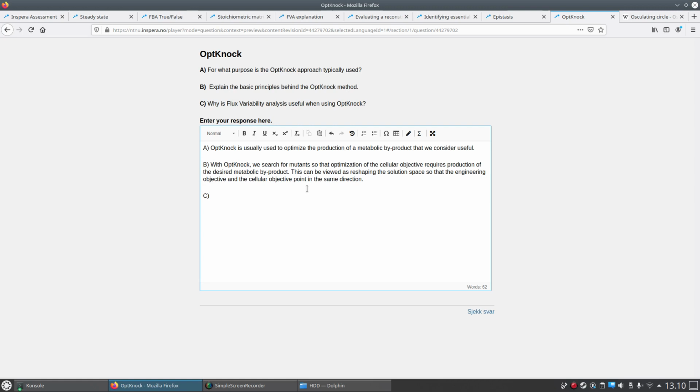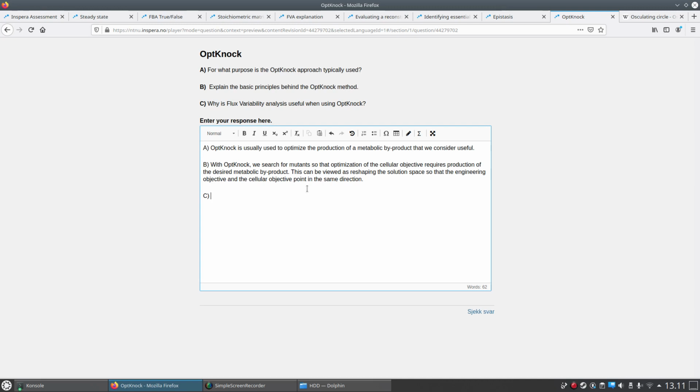Now, flux variability is useful when using OptKnock because for a given mutant, we might be able to identify a mutant which is capable of producing our engineering objective in its optimal state. But we will have no guarantee of that.